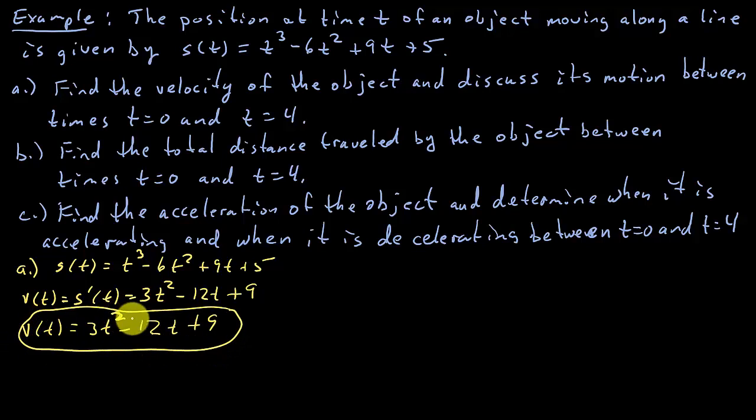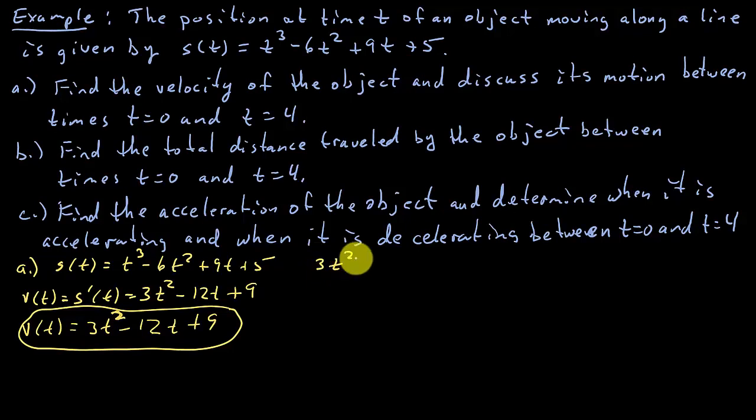Now they want us to discuss its motion between t equals 0 and t equals 4. All right, so in other words, when is it advancing and when is it retreating is what they want to know. So we need to set the velocity equal to 0 and solve for t. So if we take 3t squared minus 12t plus 9 equals 0, well, we can divide each term by 3.